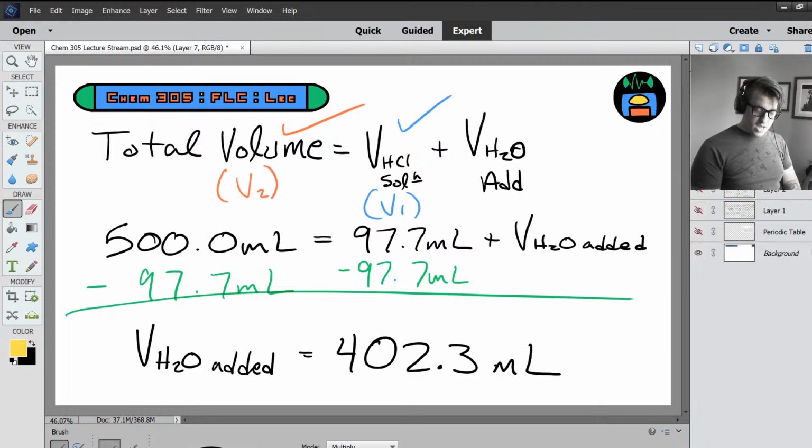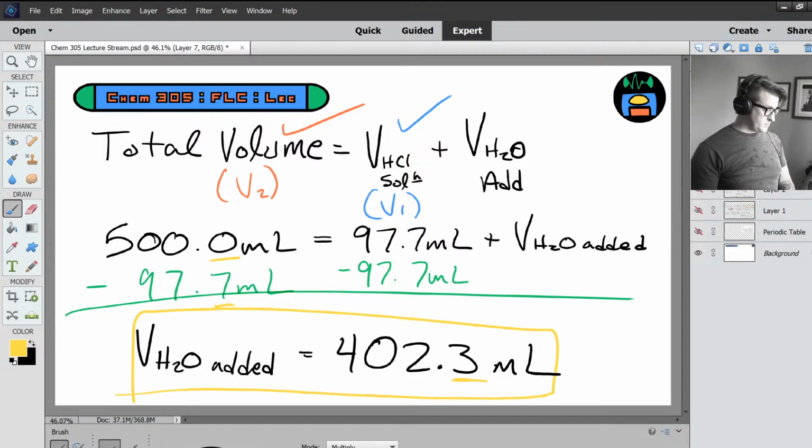You'll notice we do not need to mess with our sig figs because both of these numbers have their last significant digit in the first decimal place, and our answer does as well. So this is our final volume. Or sorry, not our final volume. This is the volume of water we added to our concentrated hydrochloric acid to make the 500 milliliters of 2.0 molar HCl.